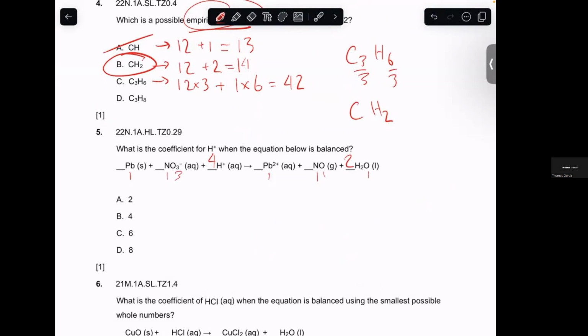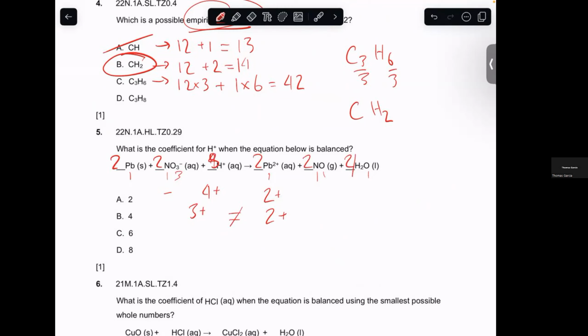But the problem is when we do this, the charge is not balanced. We actually end up with a -1 charge here and a 4 positive charge here. We have a 2 positive charge here. So overall, we have 3 plus and 2 plus. That is not balanced. But turns out if we double everything, 2, 2, 8, 2, 2, and 4, that is balanced.